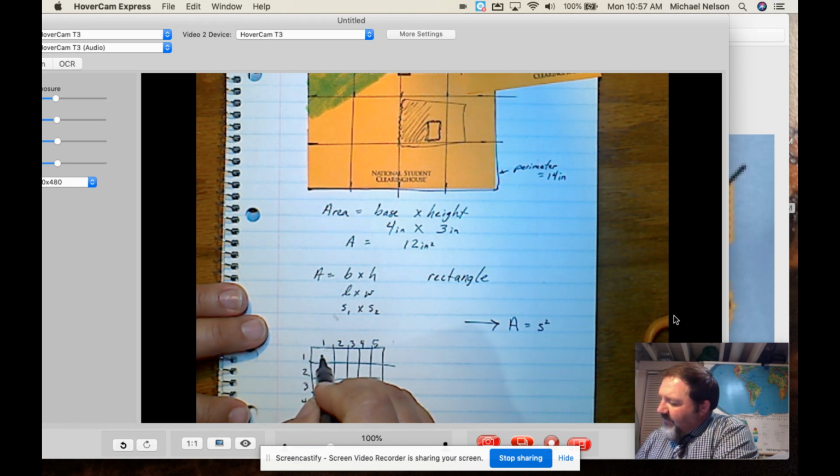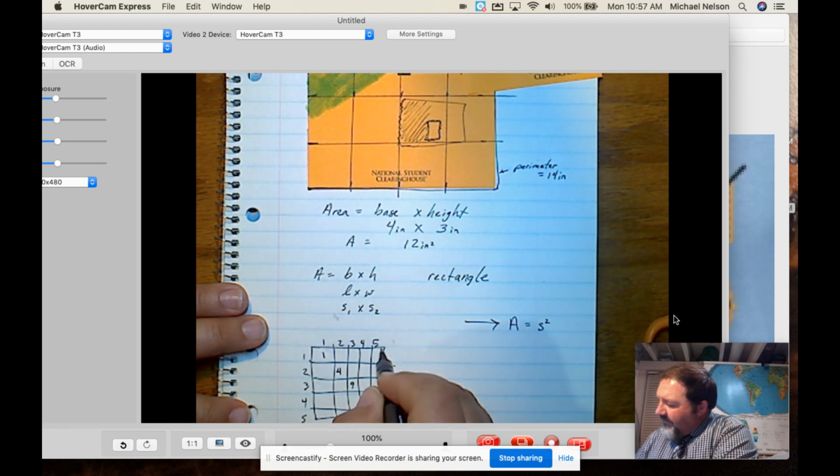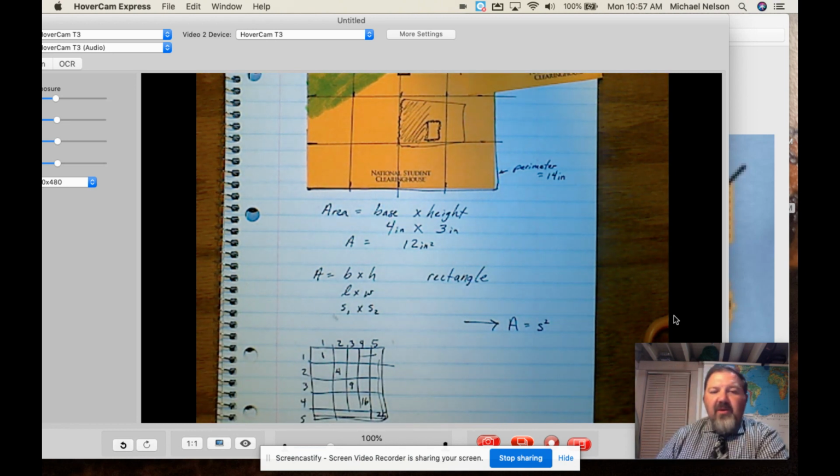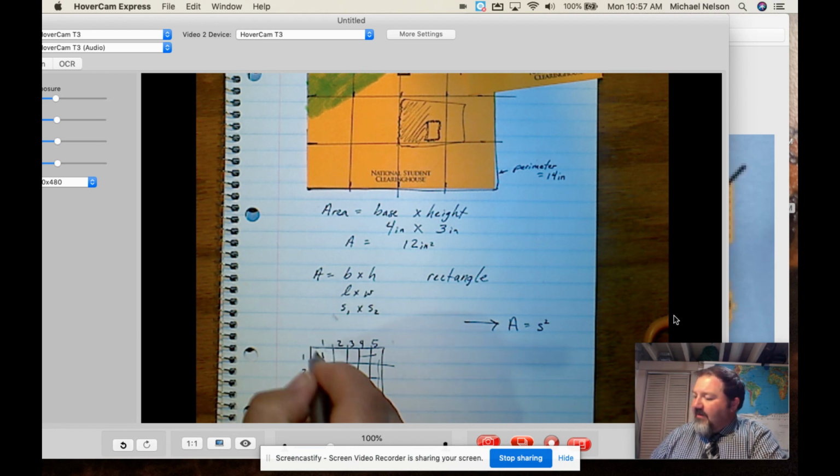If I set this up real quick, I have 1, I have 4, I have 9, I have 16, and I have 25. If you notice, these are all squares. So these are my square numbers, right? These are the square roots of the square numbers. So squares have equal sides. Square numbers work out that way.